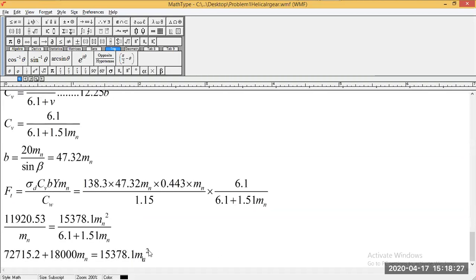This is 3, so this mn goes here and becomes mn cube, and these both get multiplied with this value, and it becomes in this manner.